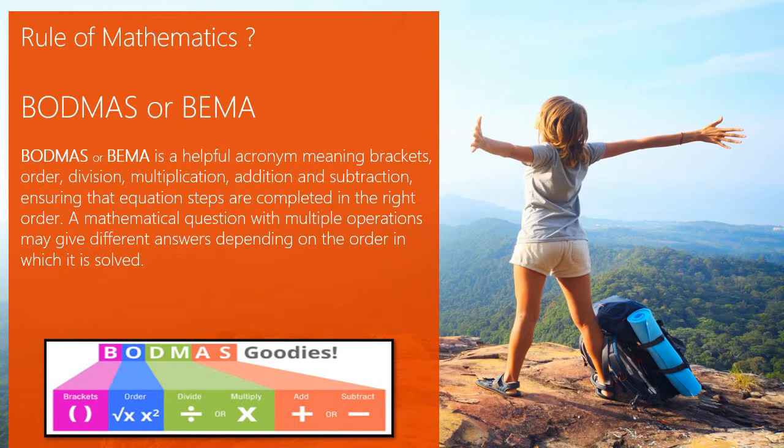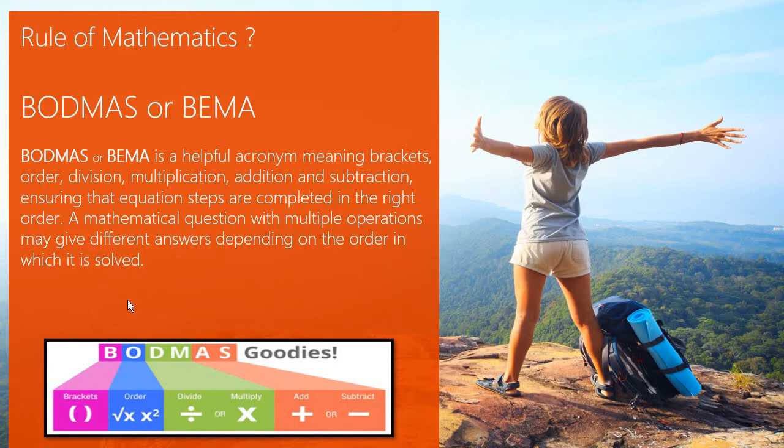BODMAS or BEMA is a helpful acronym meaning brackets, order, division, multiplication, addition, subtraction, ensuring that equation steps are completed in the right order. A mathematical question with multiple operations may give you a different answer depending on the order in which it is solved.